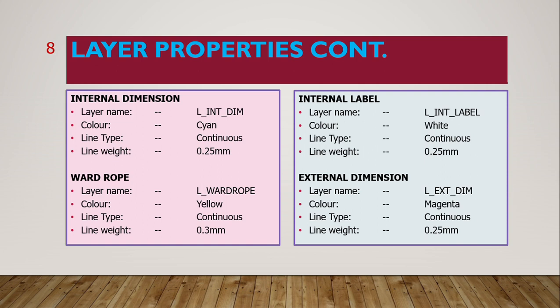With colors, you can specify the line that is for wall, the line that is for window, the line that is for door, and so on. If we put everything in one color, it might be difficult to differentiate which line is which.